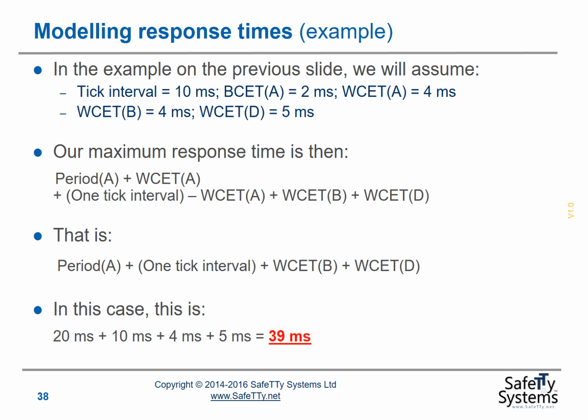Our maximum response time is then the period of A plus the worst case execution time of A plus 1 tick interval minus the worst case execution time of A plus the worst case execution time of B plus the worst case execution time of D. That is the period of A plus 1 tick interval plus the worst case execution time of B plus the worst case execution time of D. In this case, we can sum this all up, and that amounts to 39 milliseconds.